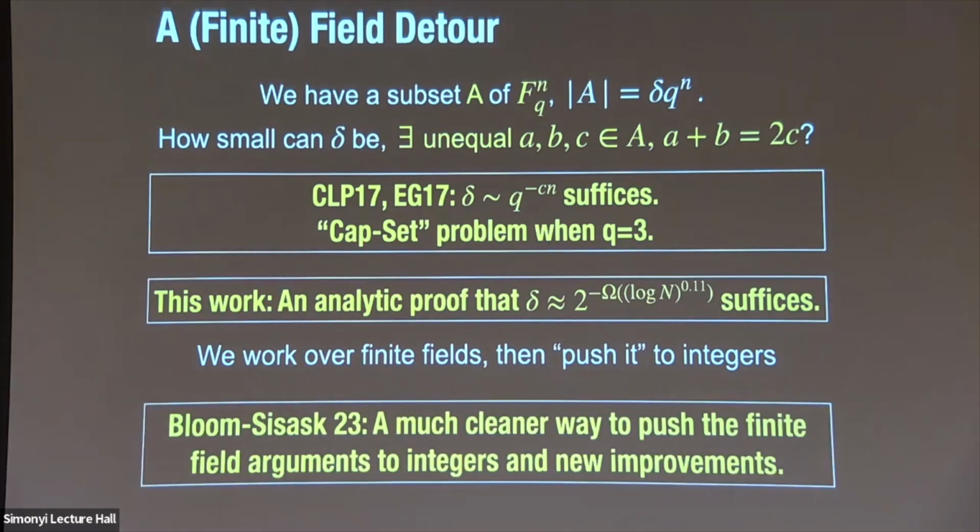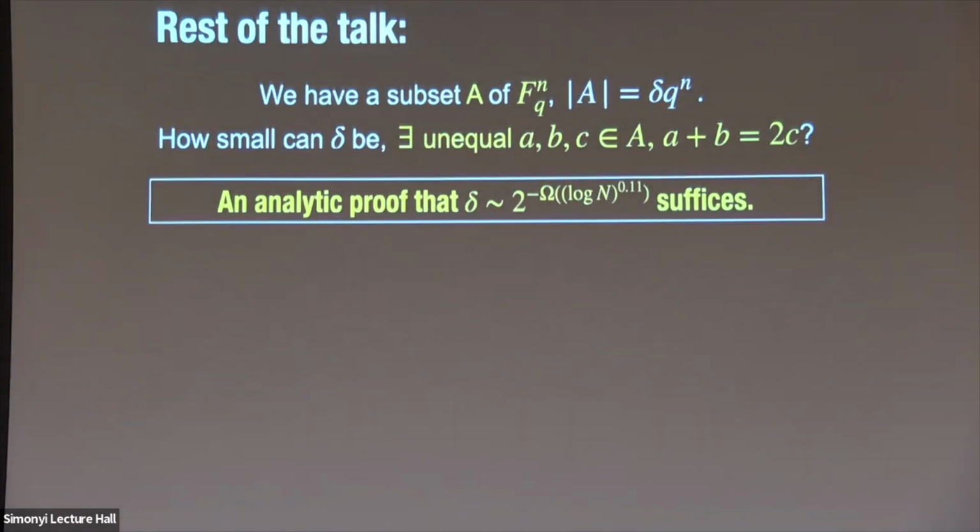And subsequent to our work, Bloom and Sisask gave a cleaner way to push the finite field arguments from our work to integers and also got some new improvements for other equations. Okay. All right. So for the rest of the talk, I'm going to focus just on the finite field case. And presumably Xander will have time tomorrow to talk a bit more about the integer case as well.